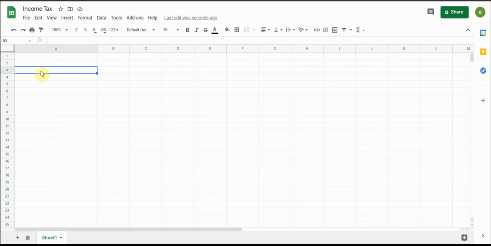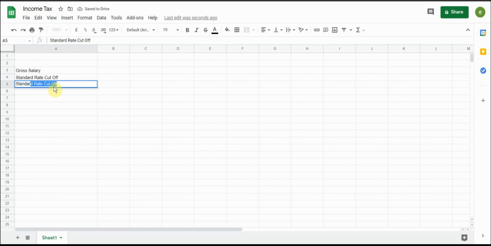I'm going to put in gross pay, or gross salary, maybe a bit more official, gross salary. And we want to put in standard rate cutoff. I'll explain what each of these things are once we get them in.